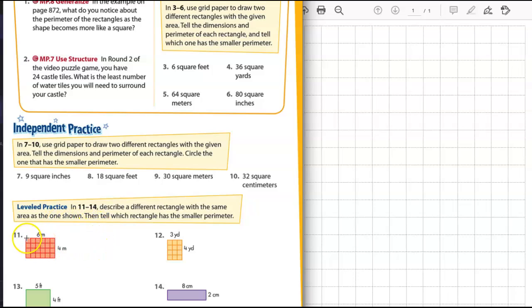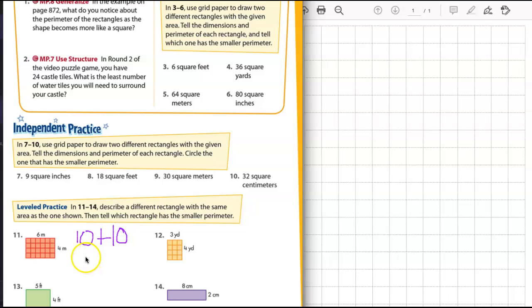perimeter. So if I look at this one, it's 6 by 4, which means that it has 6 plus 4 is 10, 6 plus 4 is 10, and 6 plus 4 is also 10.